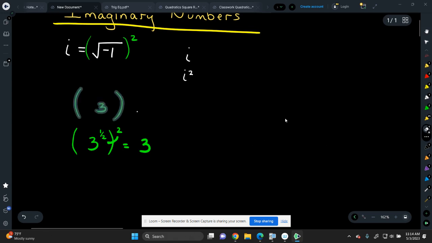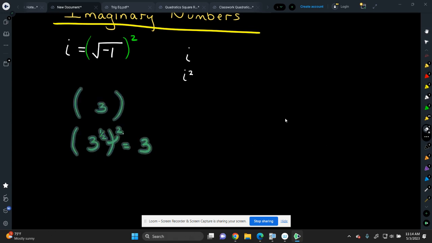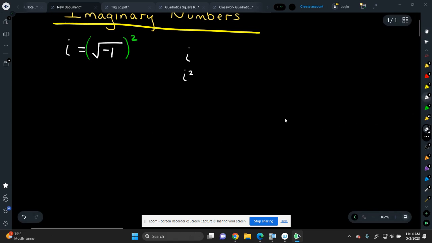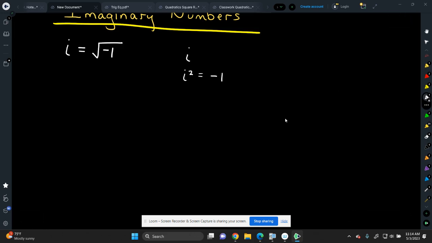Okay? So let's look at this. If we square i squared, what happens? The square root disappears and it just becomes negative 1. i squared is negative 1. You guys should be writing this down. i to the third.